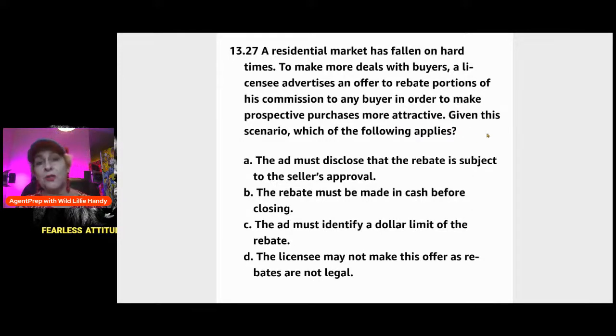We have to make sure that we apply it to everyone, however, also getting our clients' approval. Given this scenario, which of the following applies? The answer is A. The ad must disclose that the rebate is subject to the seller's approval.